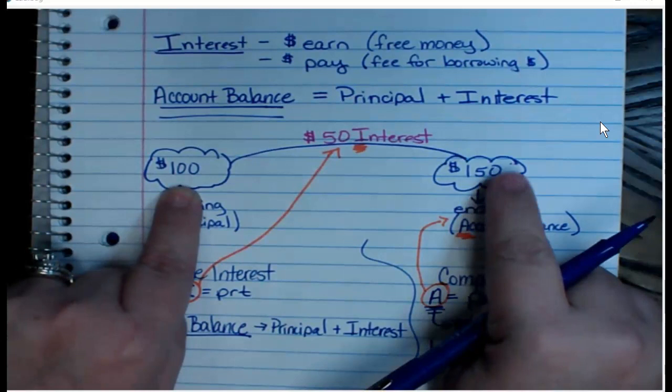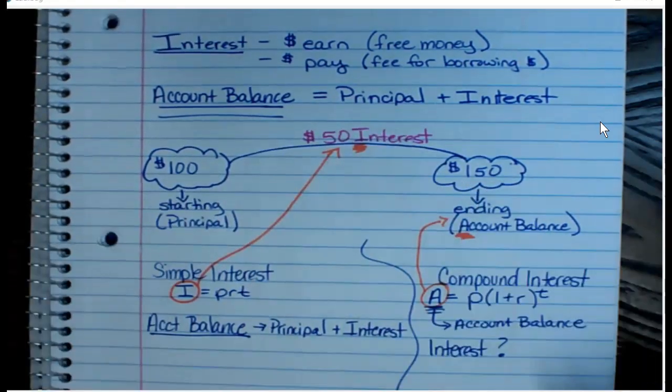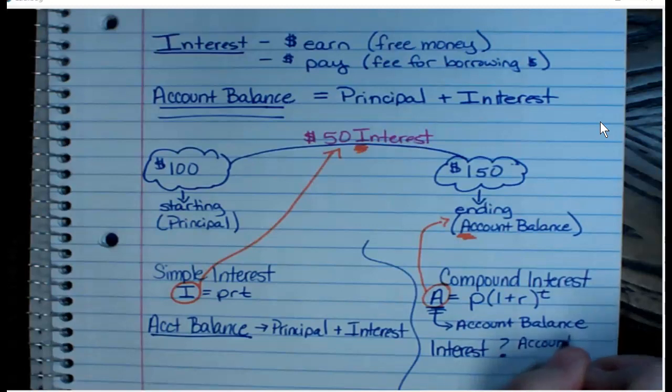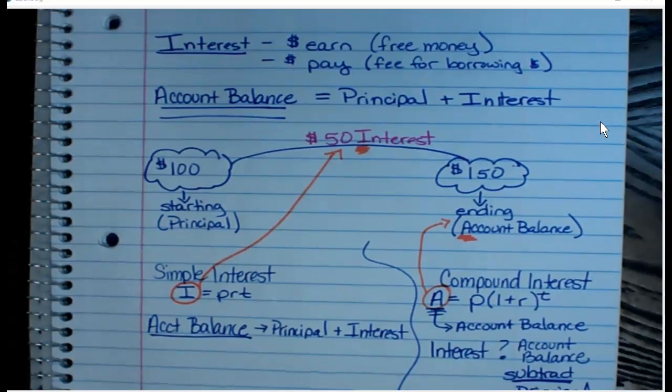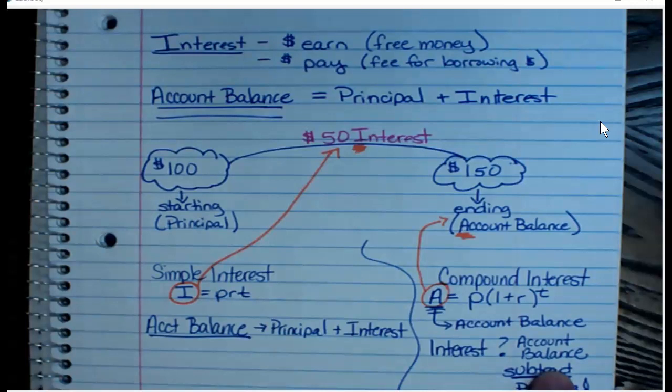I know my ending amount. To go backwards to figure that out, I have to subtract. So to find the interest, I have to take my account balance and I have to subtract my principal. Think about it as you're having to work backwards. I'm starting at the end. I have to go backwards, so I need to subtract my principal amount.